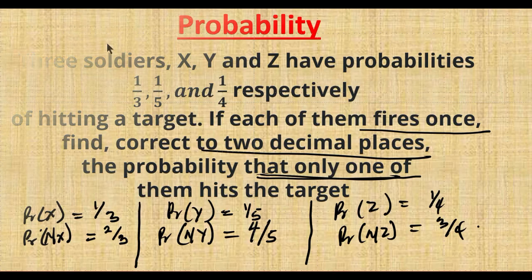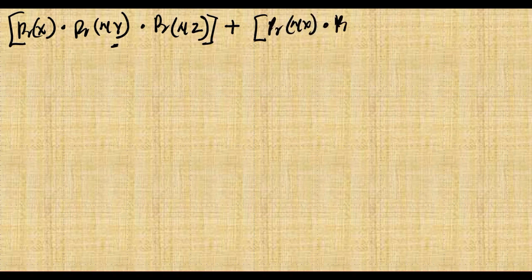Now we can get to work. Let's start with X. The first event that can happen is the probability of X to hit the target, and probability of Y not to hit the target, and probability of Z not to hit the target. Or the probability of X not to hit the target and probability of Y to hit the target and probability of Z not to hit the target.